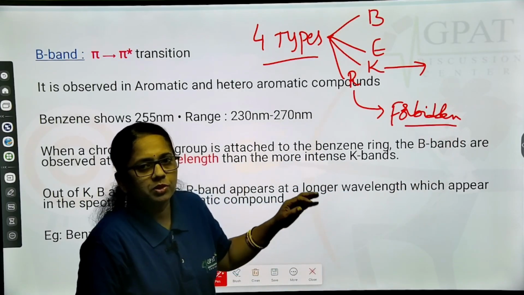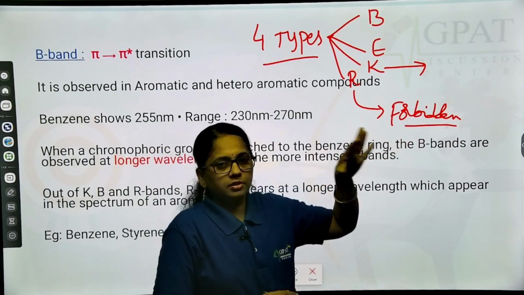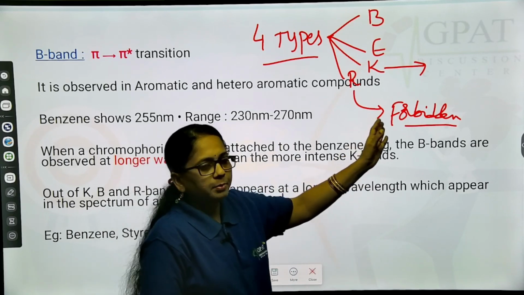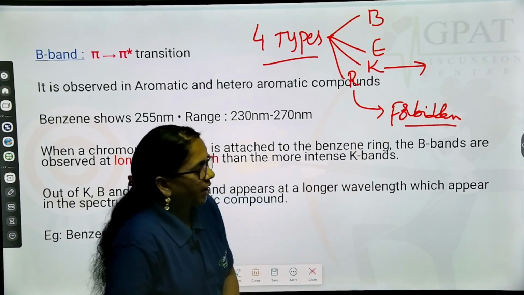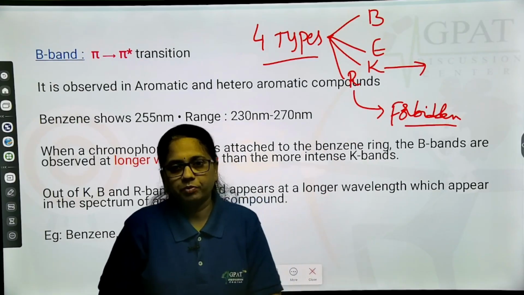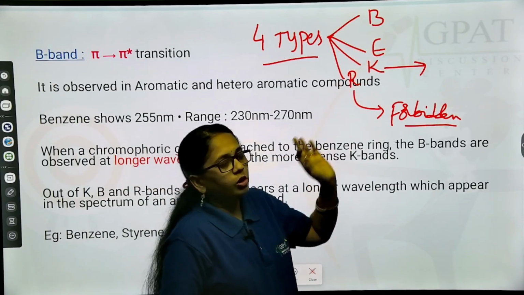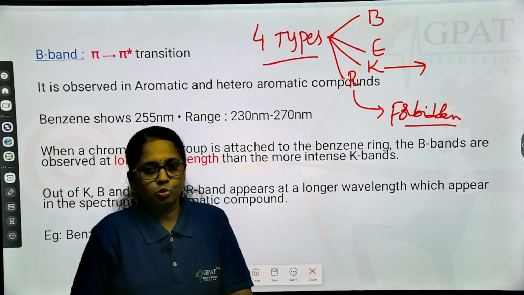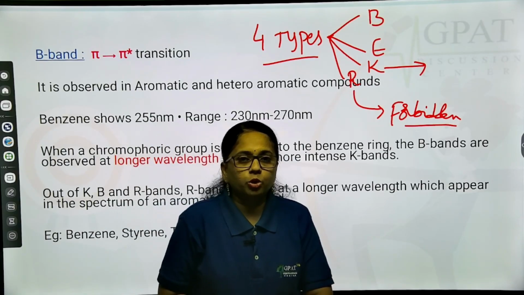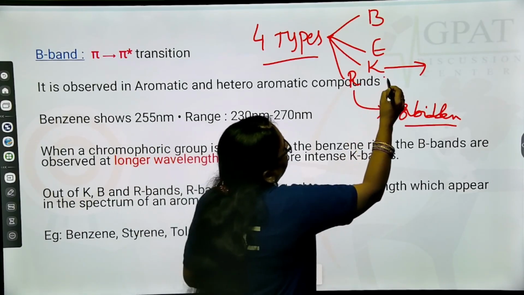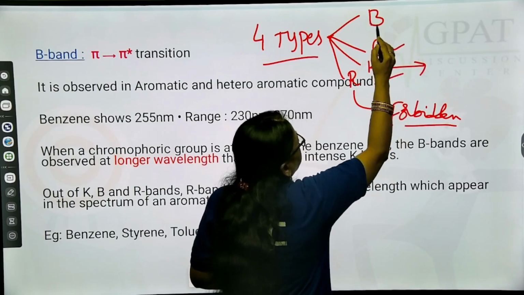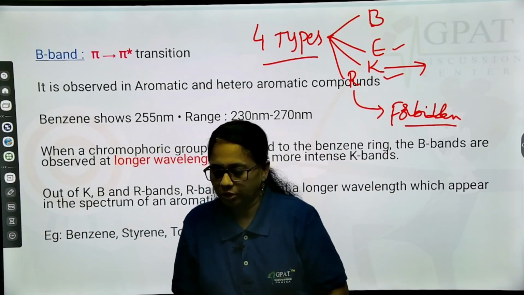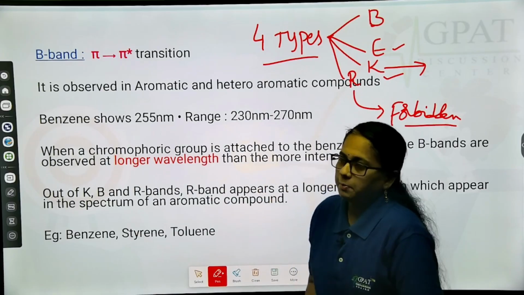In molecules some of the electronic transitions are forbidden, so in those cases R bands are observed, which have very little intensity, okay. Whereas among all these 4, K bands are highly intense, and in most compounds we observe K bands as well as E bands. B bands are also there, but comparatively less than K bands, okay.